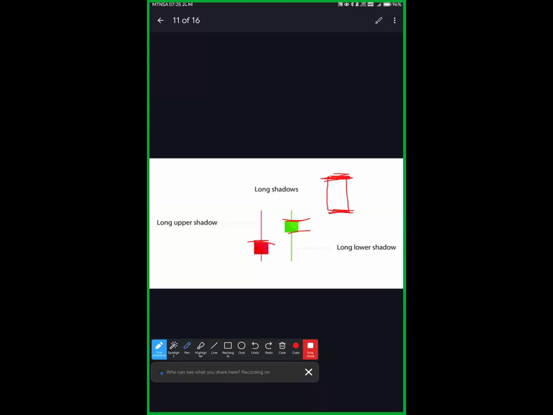So in this scenario, it does not show you correctly about the open and the close. But when a candle has a shadow, it shows you that particular trade session occurred very well. It happened well because buyers and sellers displayed their emotions correctly. They showed you how far we went with the price, and how low we went with the price. That's what I'm trying to explain about long shadows.